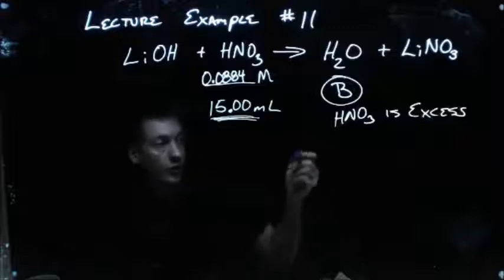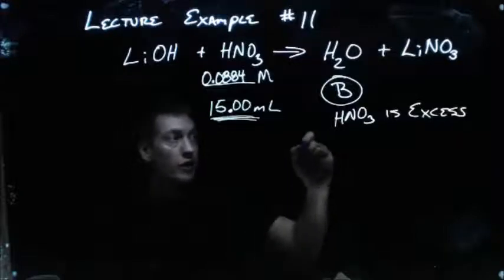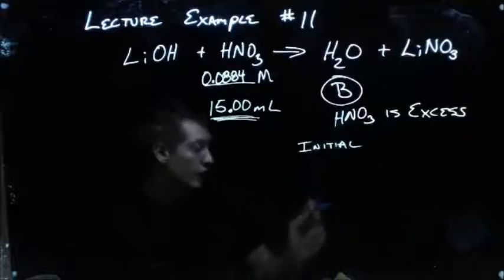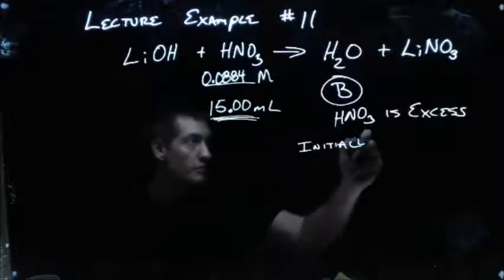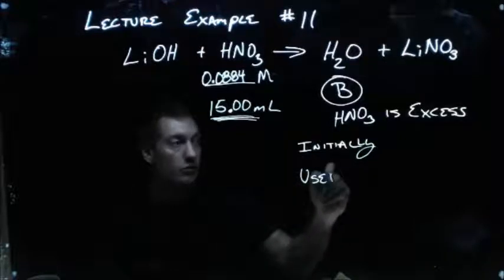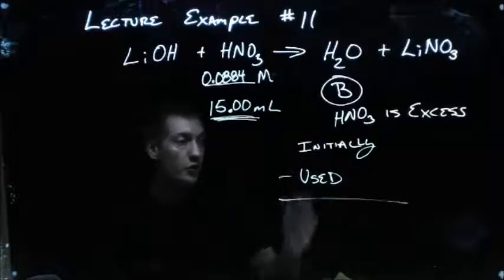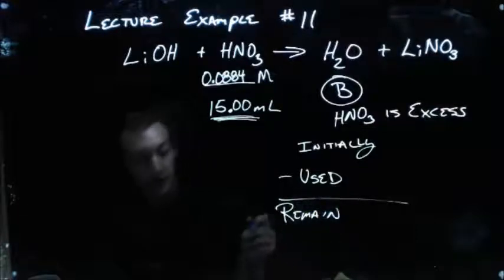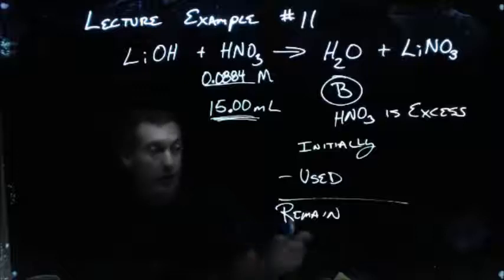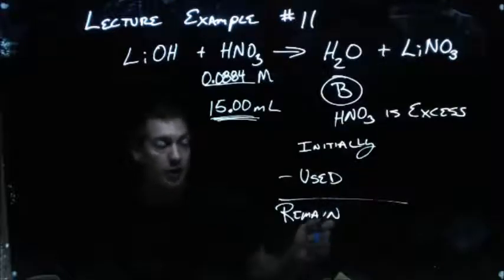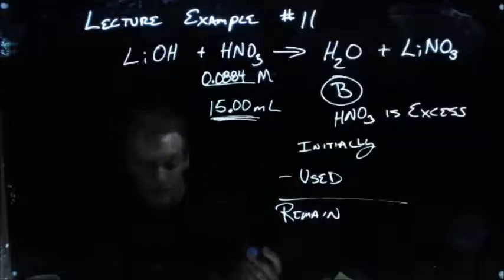And so if we want to find the pH after the fact, we need to find out how much nitric acid we had initially. We need to find out how much is going to be used. And then the difference between those is how much is going to remain. And then we can calculate the concentration from the remaining moles of HNO3, and then subsequently we can find the pH.